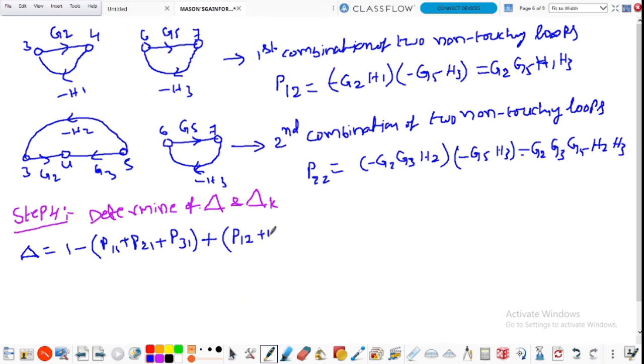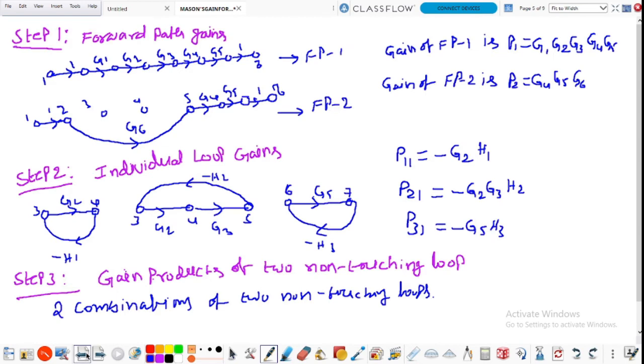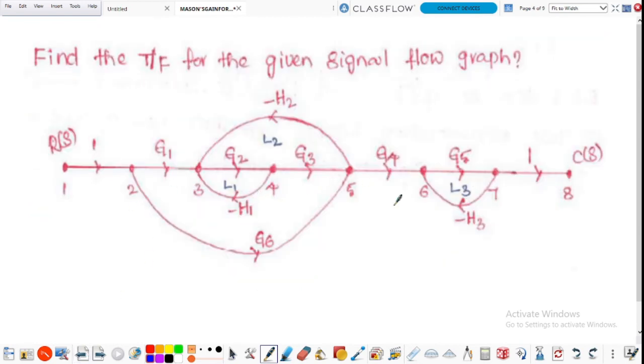P12 plus P22 minus the sum of gain products of all possible combinations of three non-touching loops. In this signal flow graph, there is no three non-touching loops combination. So there is no gain of three non-touching loops.